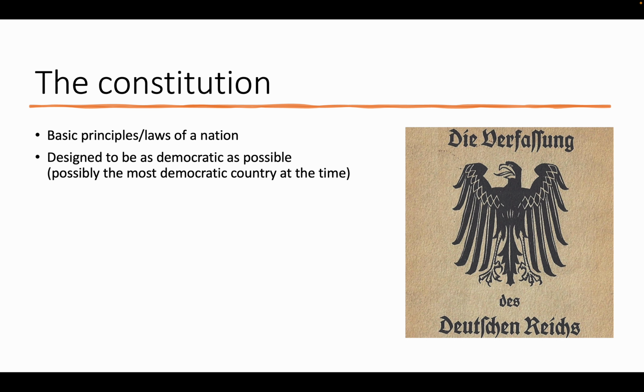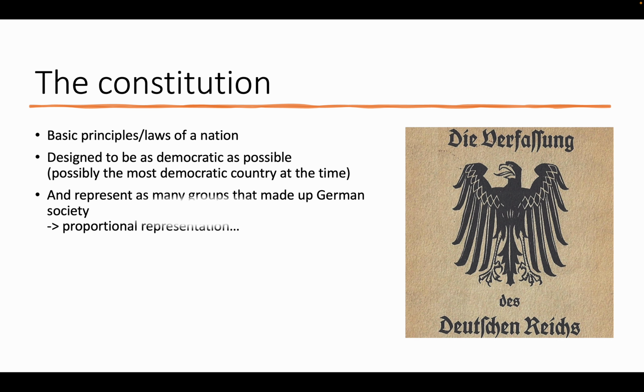And the Weimar Republic was designed to be as democratic as possible. It could possibly have been the most democratic country at the time. And it was basically the complete opposite of what it had been prior with the Kaiser. To represent as many groups that made up the German society as possible, they used proportional representation. So you do a vote, right?